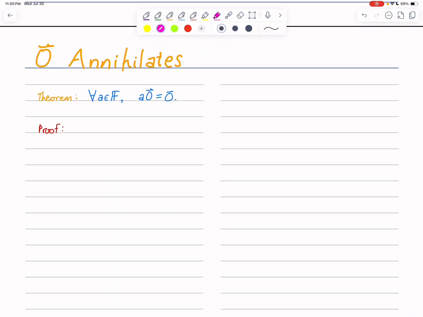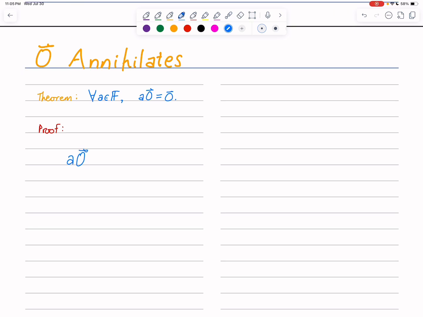Okay, let's see another theorem, and this one says that the vector 0 annihilates. So this kind of says it the other way around, but you get a similar result. If you take any field element, any scalar, and you multiply times the 0 vector, you always get the 0 vector. So how are we going to prove this one? Again, maybe we'll start by writing down a times the 0 vector.